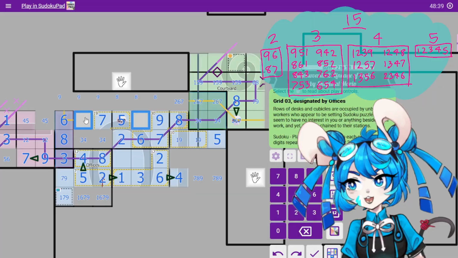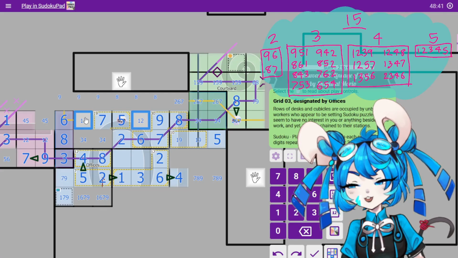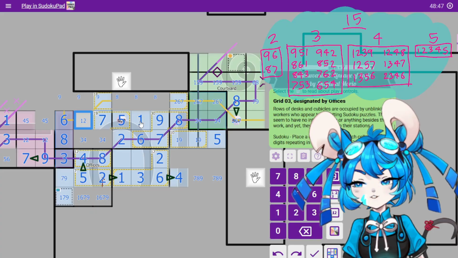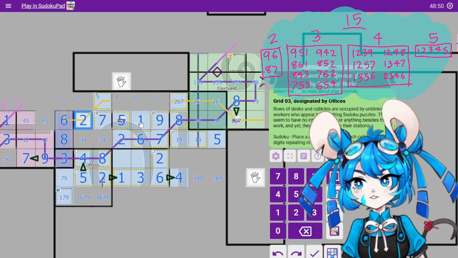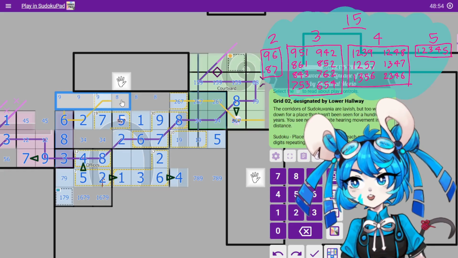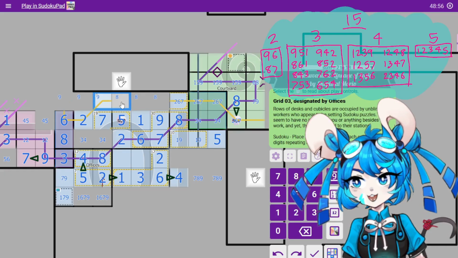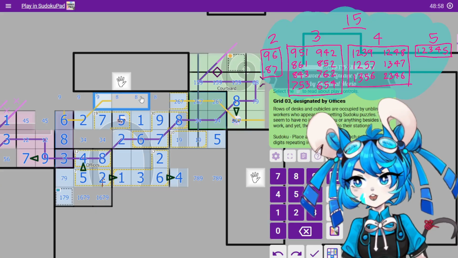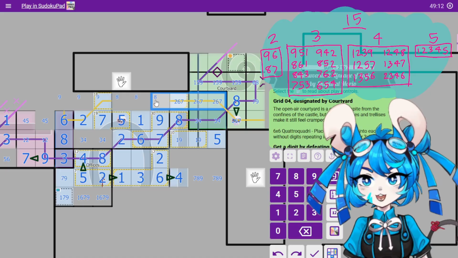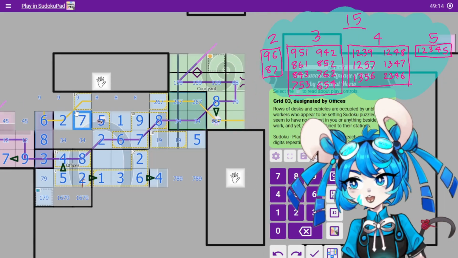Oh, these two digits are constrained. They're 1 and 2, right? And this one can't be a 2, so that's a 1, that's a 2. 18. 18 has to be at least 2... No, it needs to be at least 3 cells long. This yellow line, we're putting a lot of digits on it for a line that we don't know what it is yet.